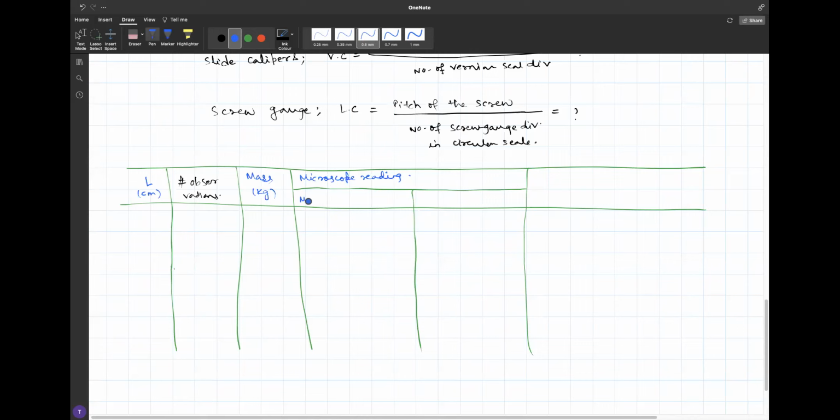So I have main, vernier, and final. This is increasing load. Then I'll do it for a decreasing load. Main, vernier. Okay. I'll make a table like this.